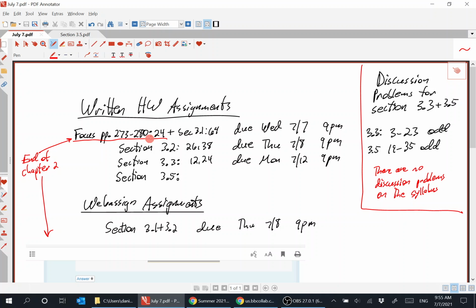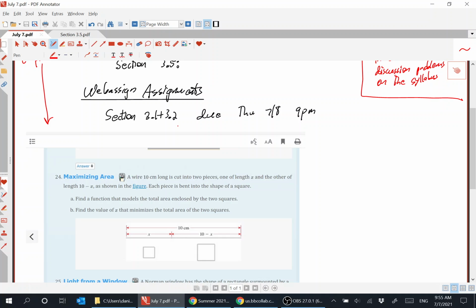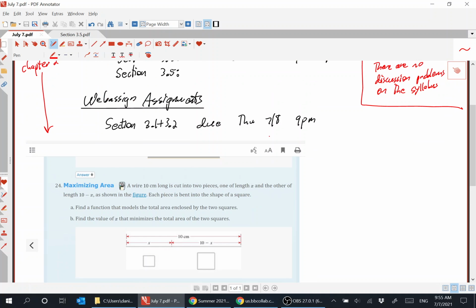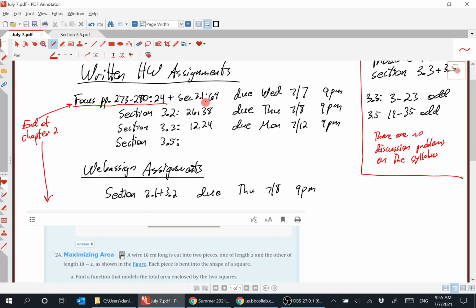On pages 273 to 280, number 24, I copied it out of the ebook, so it's right here if you have a hard time finding it. And in section 3.1, number 64, there's a problem there as well. So that's due tonight.